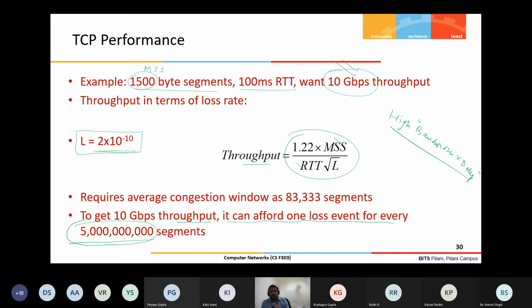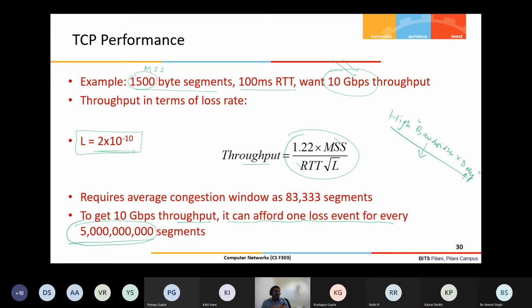Which type of link? Either the bandwidth is very high, meaning huge bandwidth is there, or the delay of the link is large. For example, on satellite links the delay is very high, and nowadays optical fiber links have terabit bandwidth. For such links, TCP is not a good protocol.